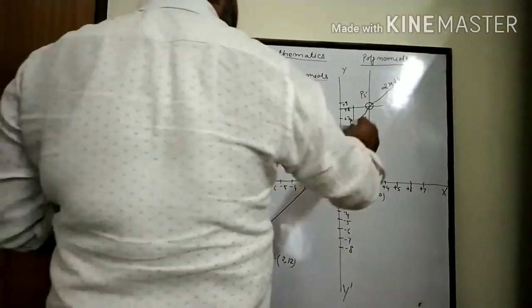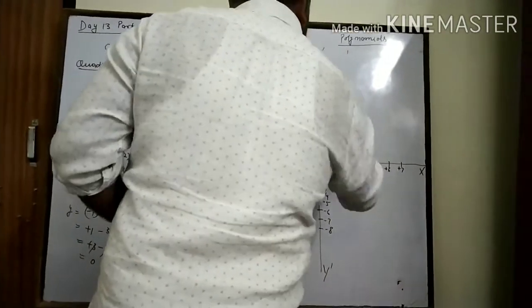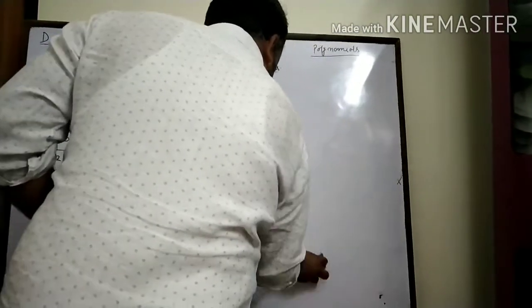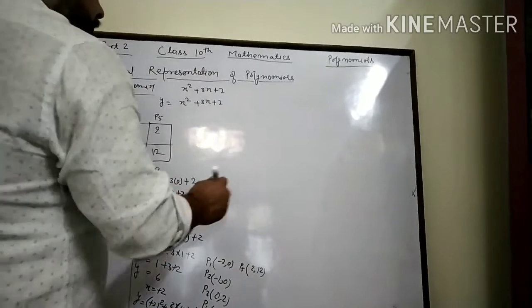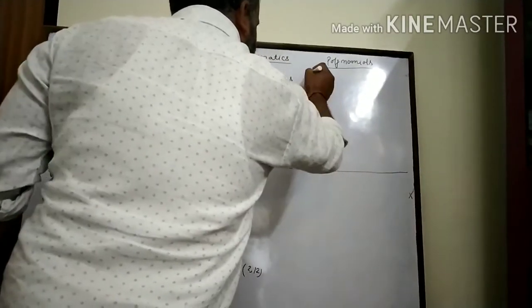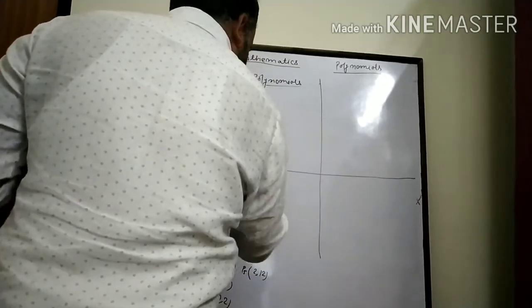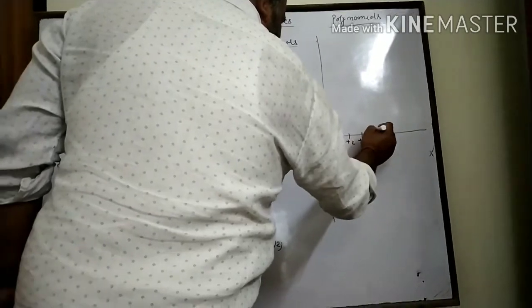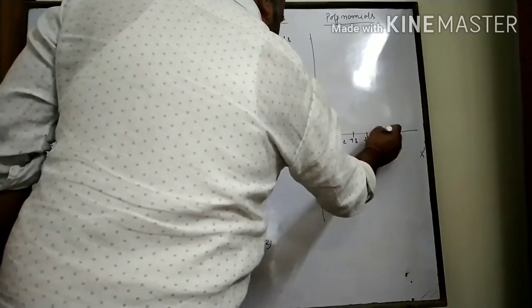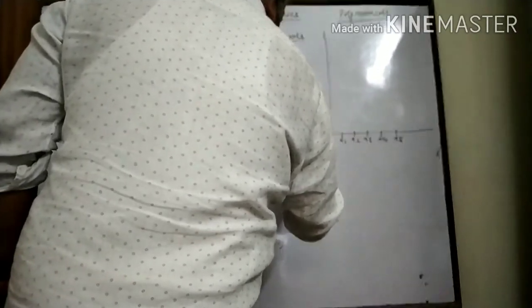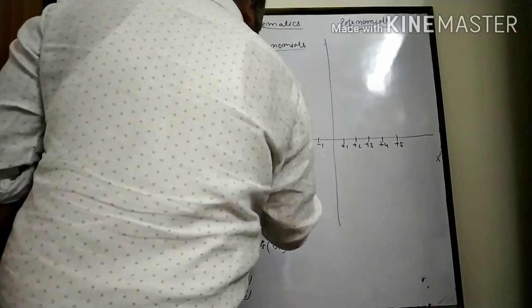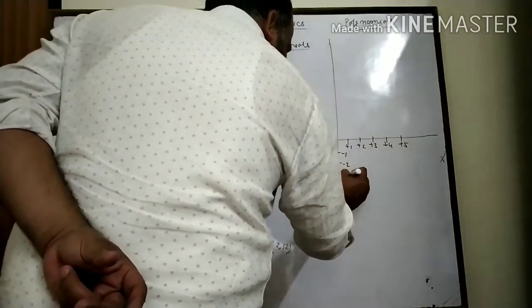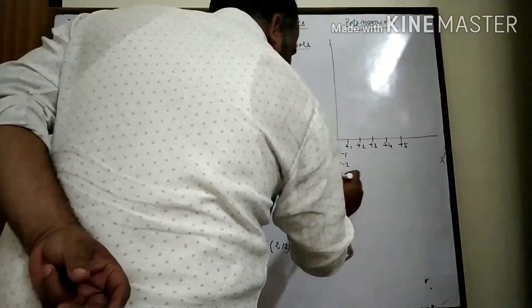See, it is the x axis and y axis. Here it is plus 1, plus 2, plus 3, plus 4, plus 5, and minus 1, minus 2, minus 3, minus 4, minus 5.